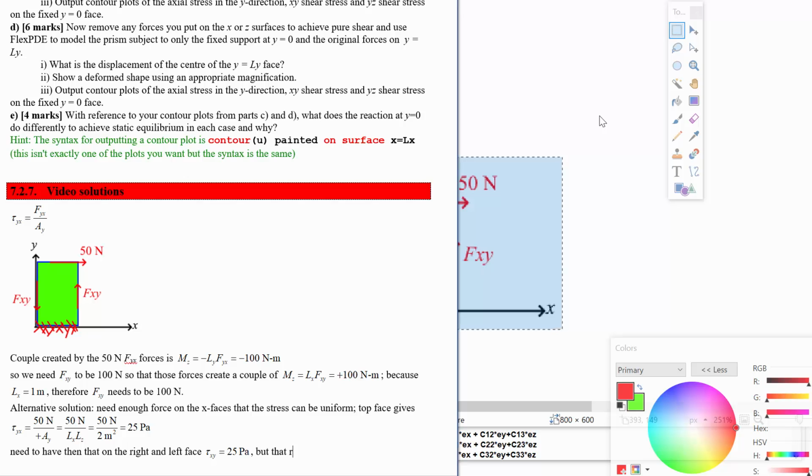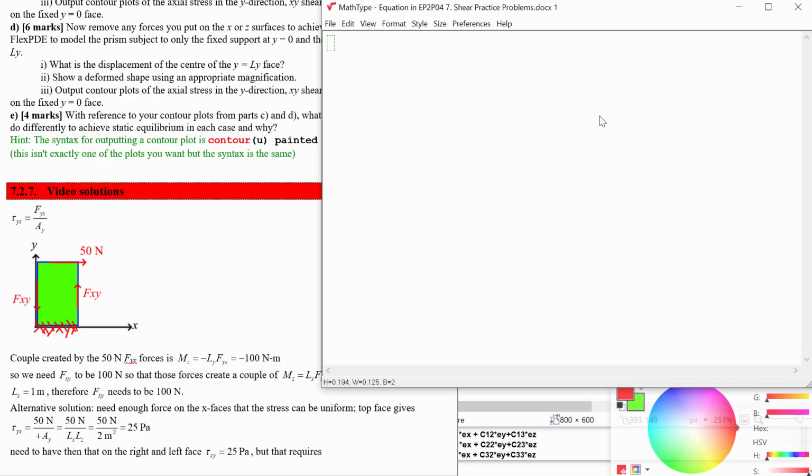But that requires that the force on those faces, which is going to be the shear stress times the area of those faces, is equal to the 25 pascals times, what's the area of the x face? That would be Ly times Lz, which is 2 meters times 2 meters, so that's 4 meters squared.